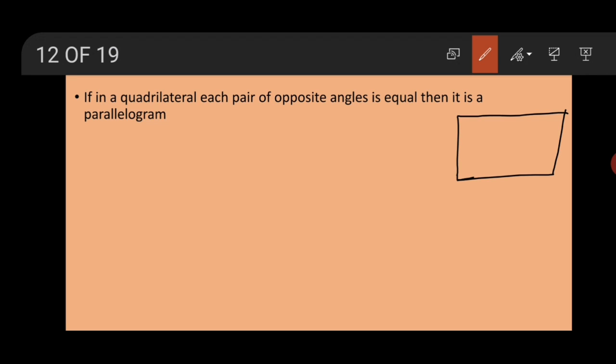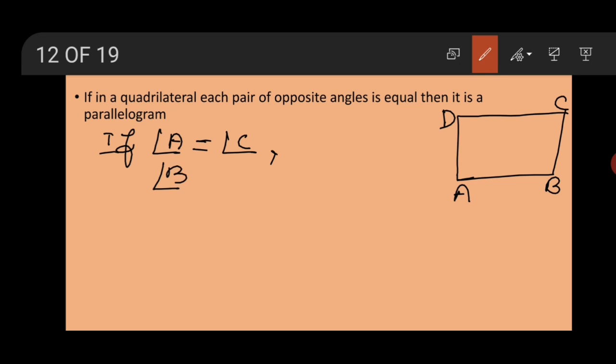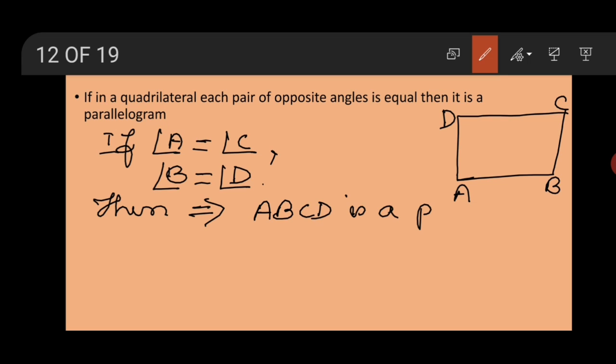Not a parallelogram. This is a quadrilateral only. ABCD is a quadrilateral. If angle A is equal to angle C and also angle B is equal to angle D, that means opposite angles are equal. Then it implies ABCD is a parallelogram, right?